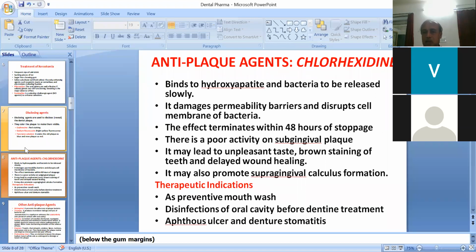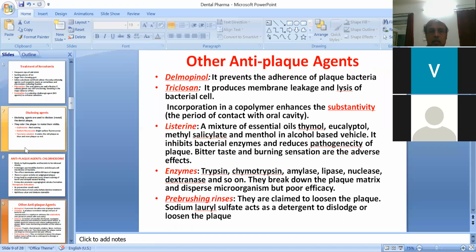Aphthous ulcer we have studied earlier when we studied anaerobic infection. So for that purpose they are indicated. Then besides chlorhexidine there are various other anti-plaque agents such as delmopinol.